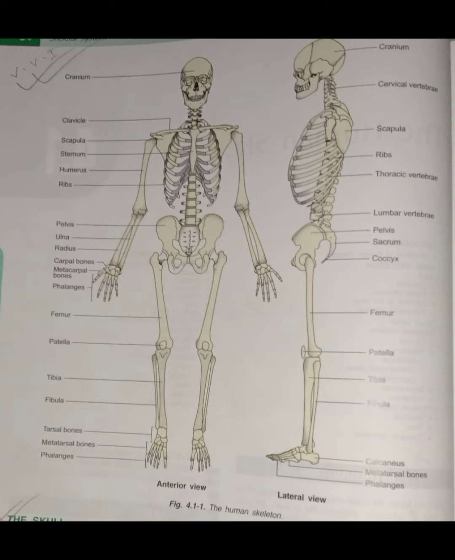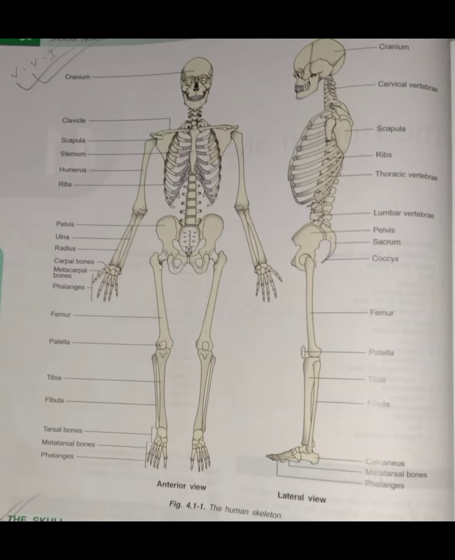Okay, in the upper extremities we have the humerus, radius, ulna, phalanges, carpal bones and metacarpal bones. In the lower extremities we have the femur, tibia, fibula, phalanges, tarsals, metatarsals and patella. In the thorax portion: clavicle, scapula, sternum, ribs.